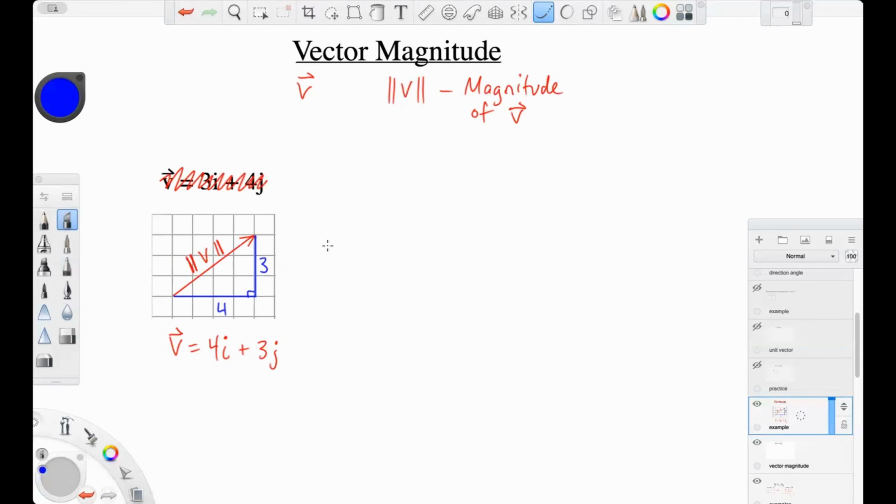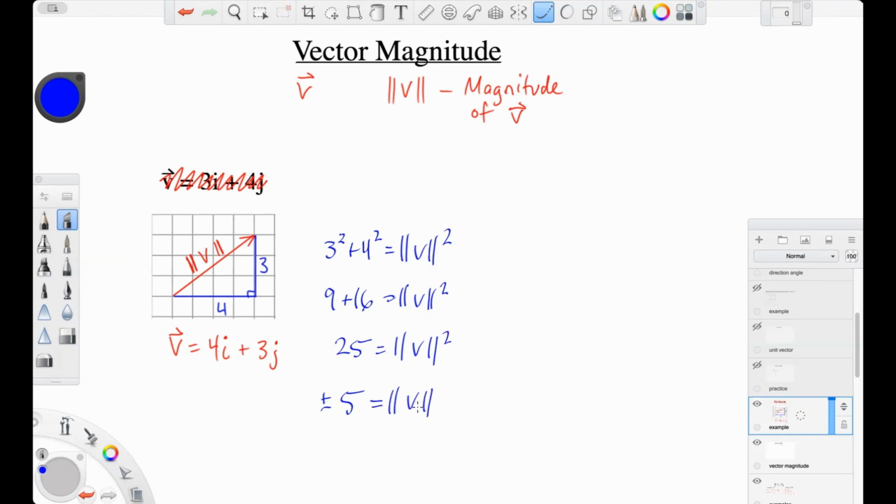So in this case, 3 squared plus 4 squared equals the magnitude of the vector squared. Then we can just do the math: 9 plus 16 equals v squared. Putting this together, we get 25 equals v squared, or magnitude squared. We take the square root of both sides and we get plus or minus 5 equals the magnitude of the vector.